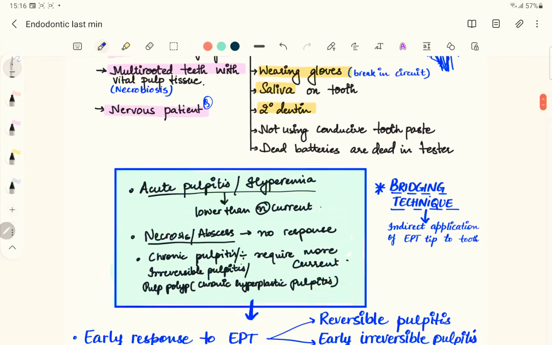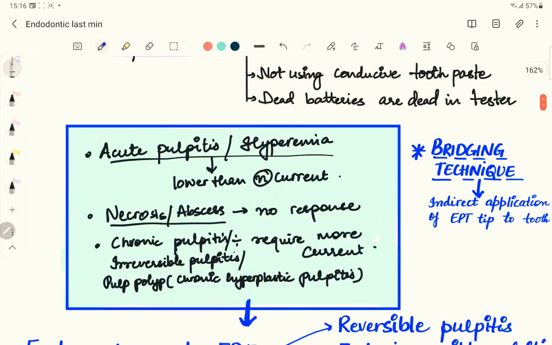Now, what happens when the patient has acute pulpitis or hyperemia of the pulp? Periapical disease and pulpitis we have already covered in the previous part. So acute pulpitis means there is an increase in vascularity due to inflammation. That is hyperemia of the pulp. Since there is an increase in inflammation, the tooth is going to respond to a lower level of current.